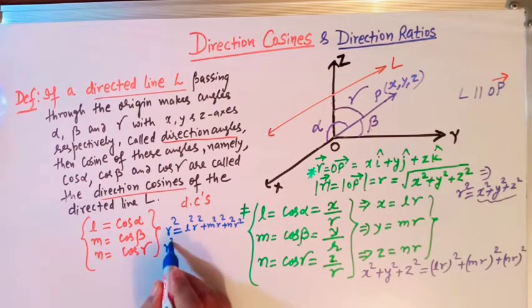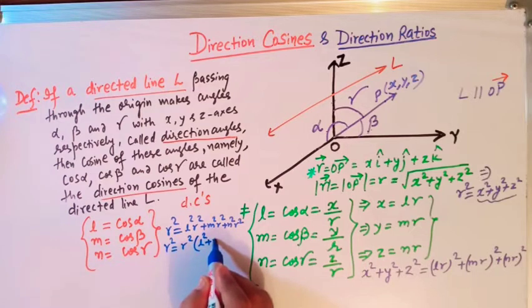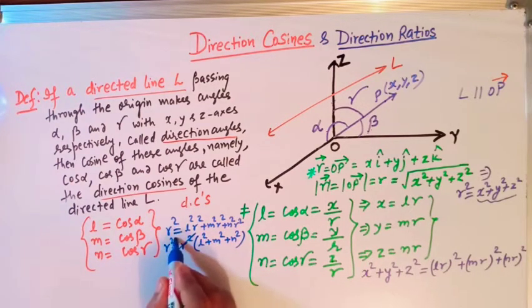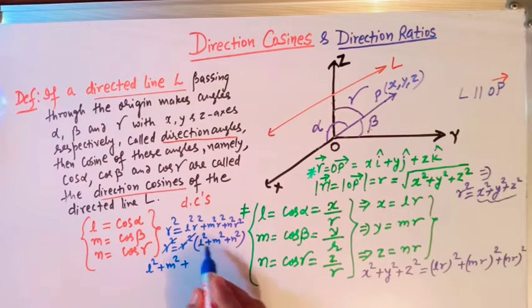Now we take r square common, so we have r square times l square plus m square plus n square, and r square gets cancelled on both sides, and we have an important result, that is l square plus m square plus n square is equal to 1.